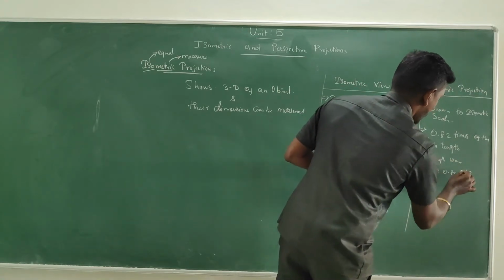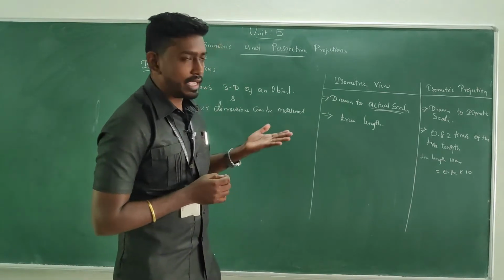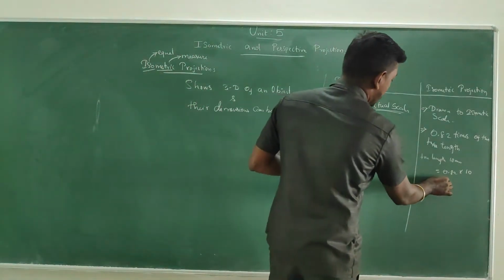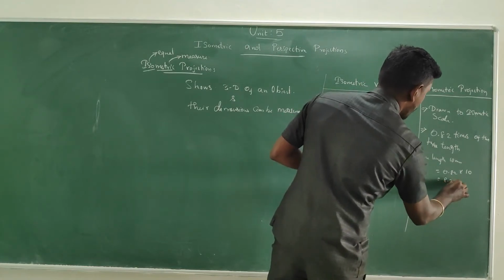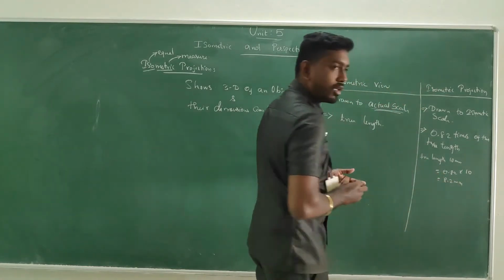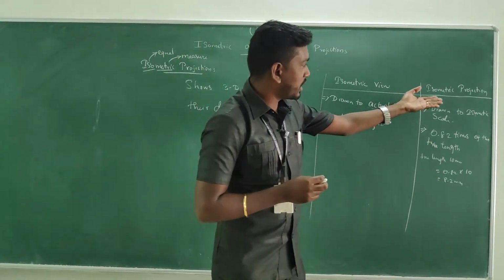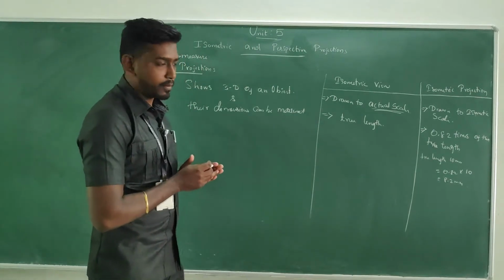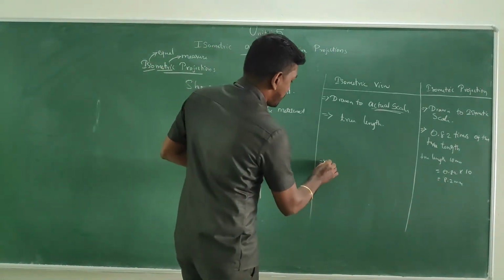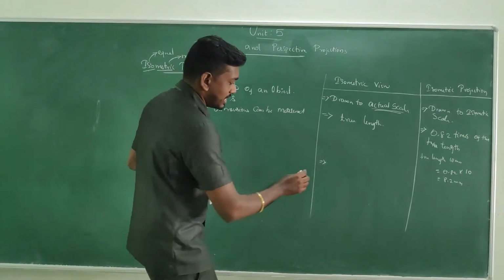If you multiply by 10, you get 8.2 mm. So when you compare with the true length, the isometric projection length will be shorter, right?